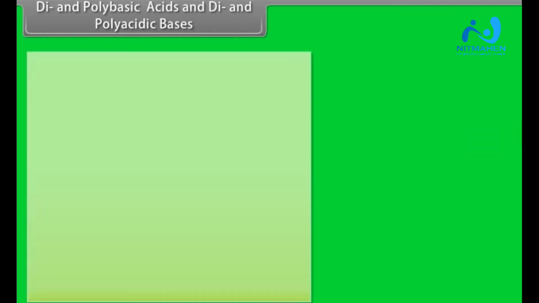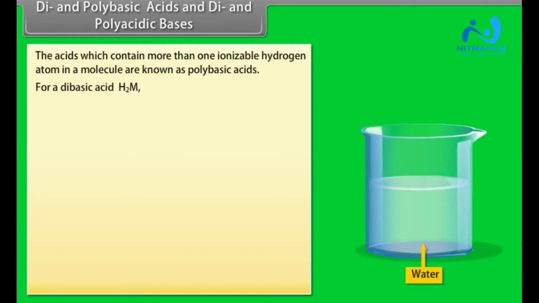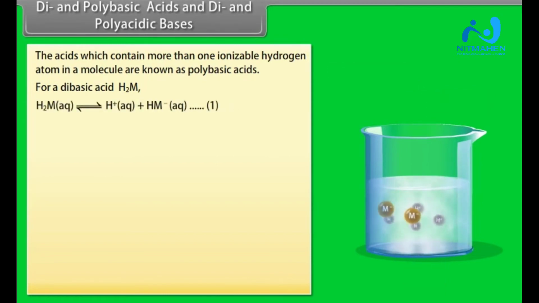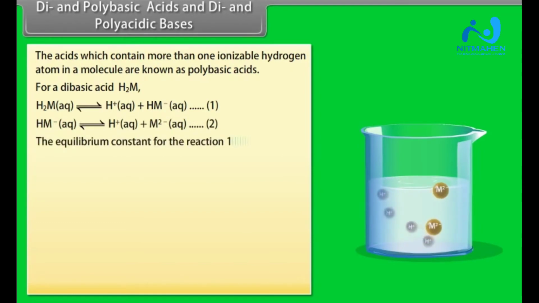Di- and polybasic acids and di- and polyacidic bases. The acids which contain more than one ionizable hydrogen atom in a molecule are known as polybasic acids. For a dibasic acid, H2M, name it as reaction 1. Name it as reaction 2. The equilibrium constant for reaction 1, Ka1, is equal to H plus into HM minus by H2M.